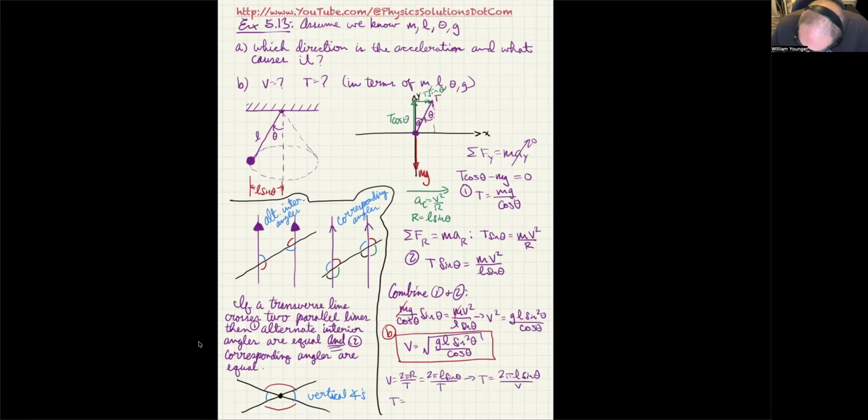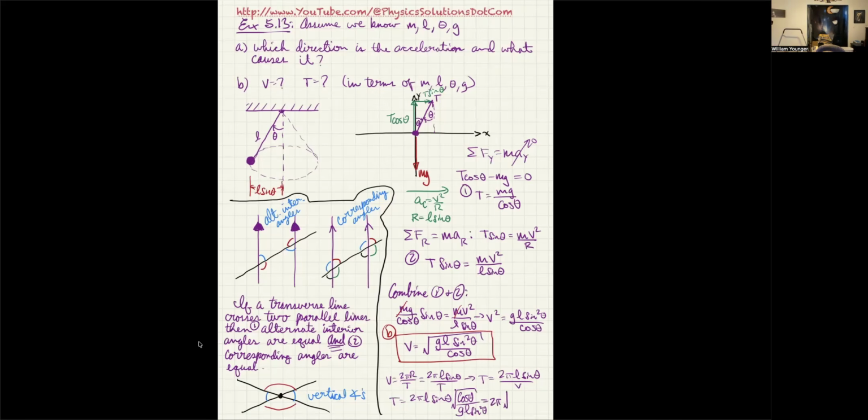So T is equal to 2 pi L sine theta. And then the v is in the bottom, so I'm going to flip that fraction over and say it's times cosine theta over gL sine squared theta, like that. I'm going to leave the 2 pi out in front, but I'm going to pull the L sine theta inside.